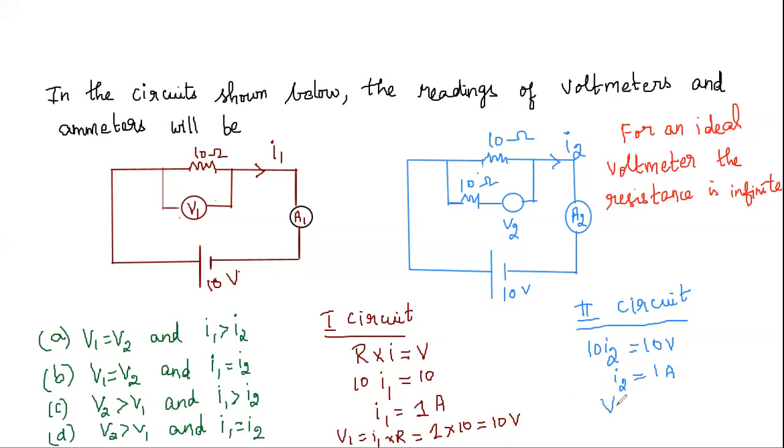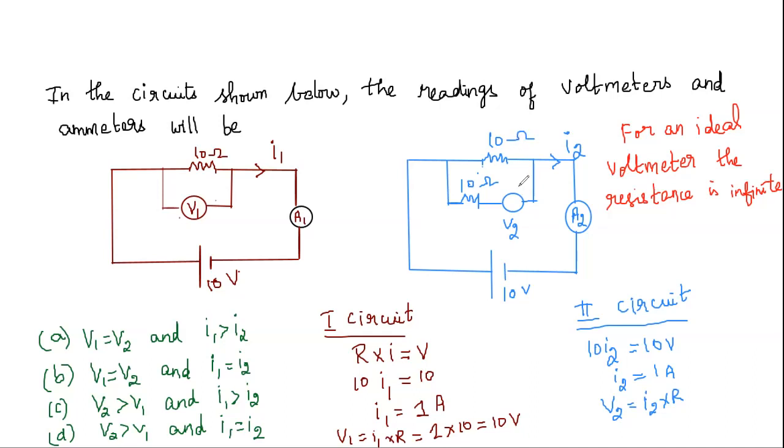So V2 equal to I2 into R. These things are in parallel, so the same potential difference will be there.